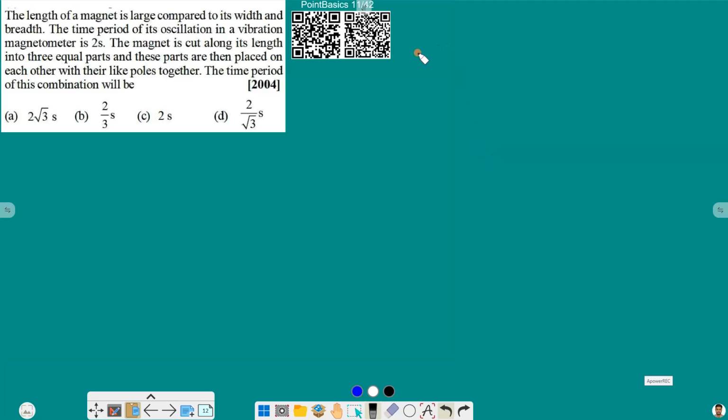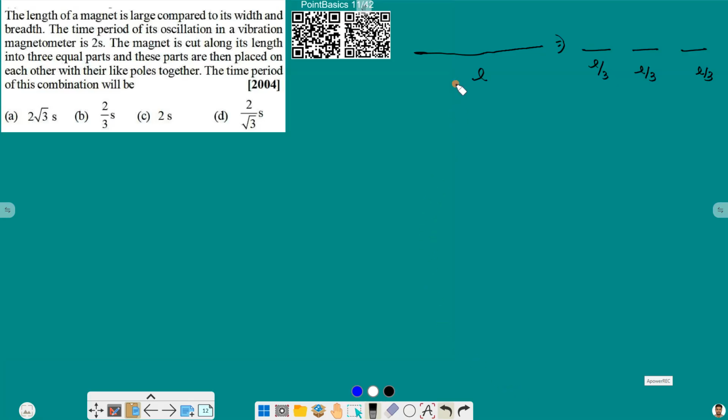Initially we have a large magnet. Suppose its length is L and its breadth and width are very small, so we neglect them. Now it is broken into three pieces, each of length L by 3.